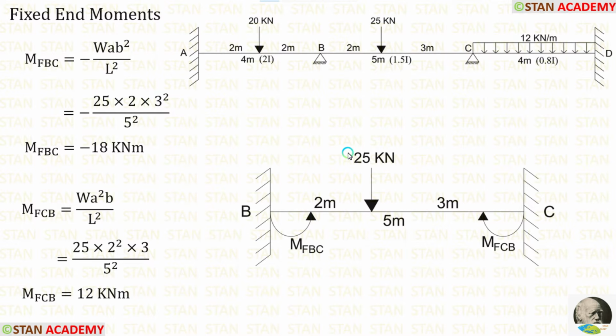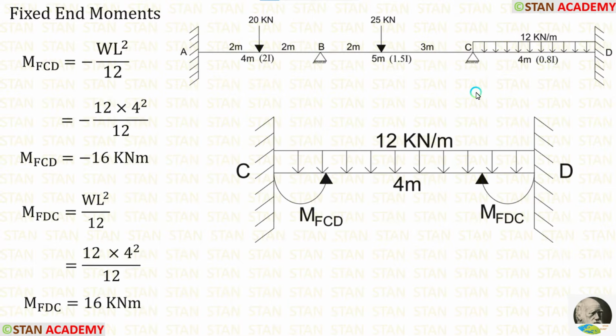Let us apply the values inside the formulas. W is 25, A is 2, B is 3, L is 5. After calculations, we are getting M of BC is equal to minus 18 kN meter and M of CB is equal to 12 kN meter.